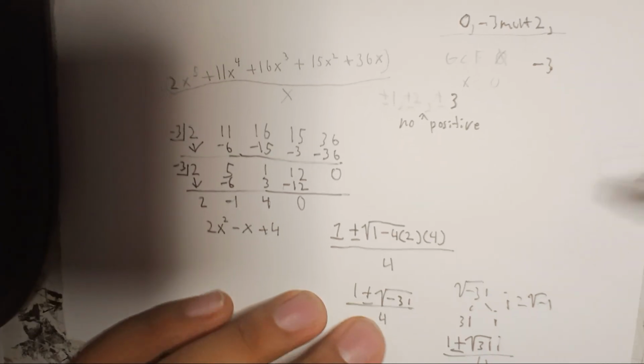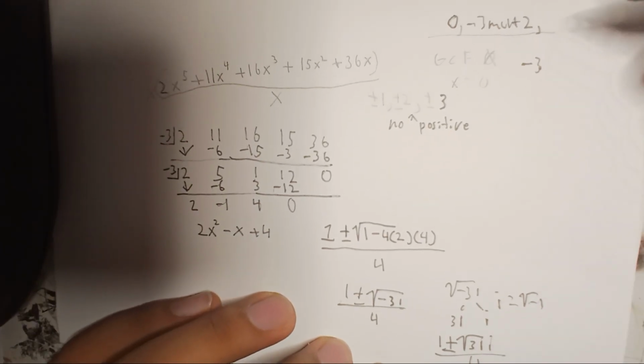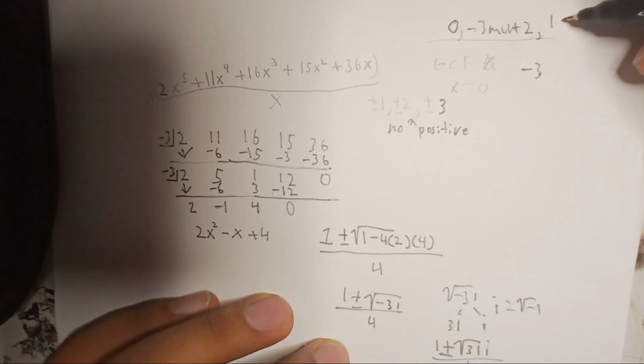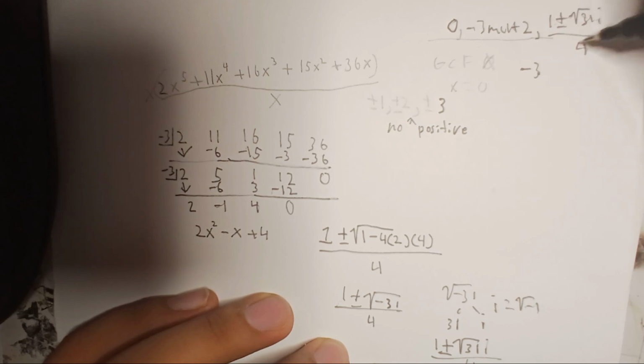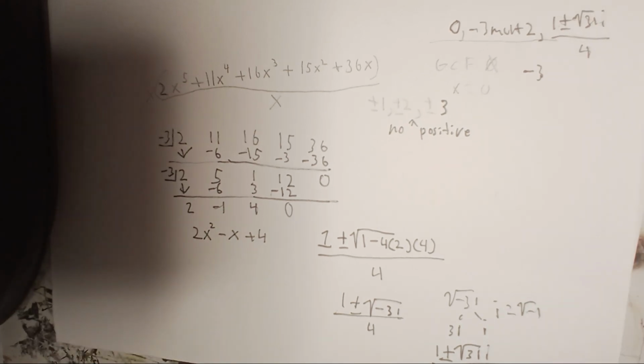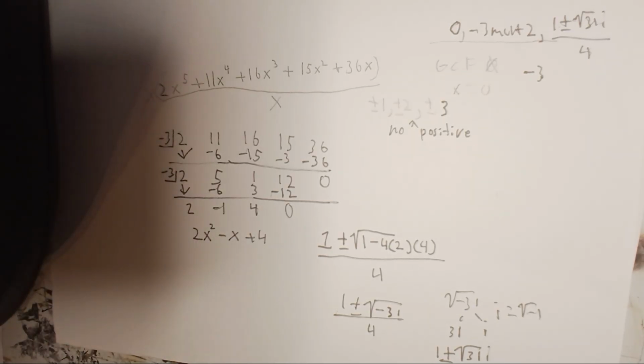And then we're going to put this chunky thing up here, which is 1 plus or minus the square root of 31 i over 4. And oh my goodness gracious, we have the solutions. That is how you find the factors of a big polynomial. Thank you.